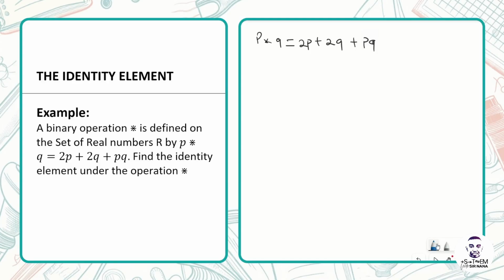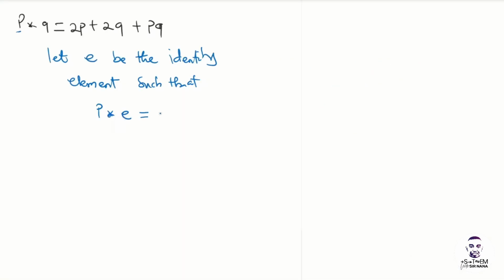Now, to use the identity element, we can say let e be the identity element, such that p operation e, and we can write it the other way around, e operation p, is equal to p.